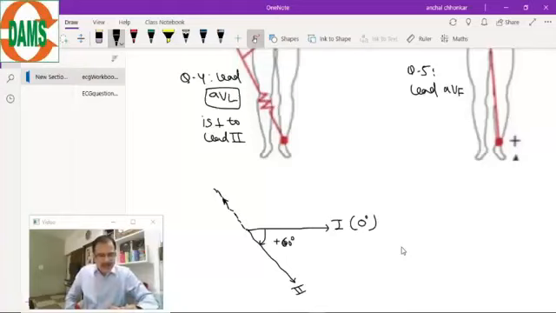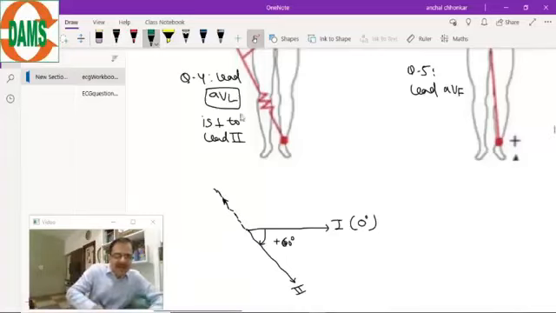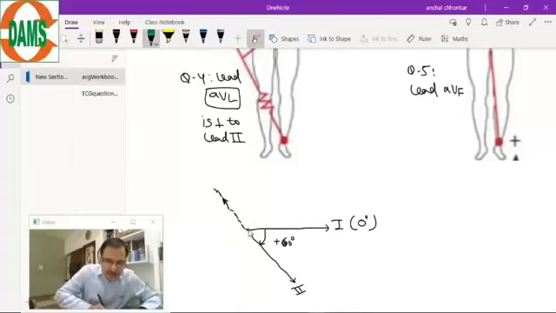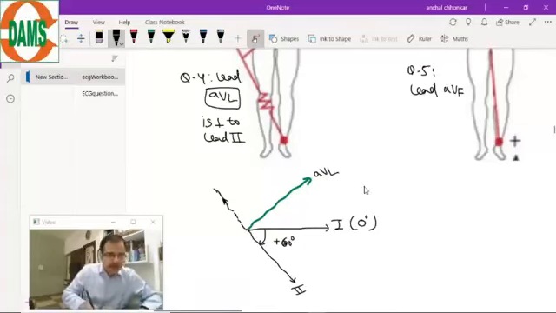A very simple answer, and I have extended the line of lead 2. Now the AVL vector is perpendicular to lead 2. So this is perpendicular to lead 2 here. This is AVL. Now what will be the angle?